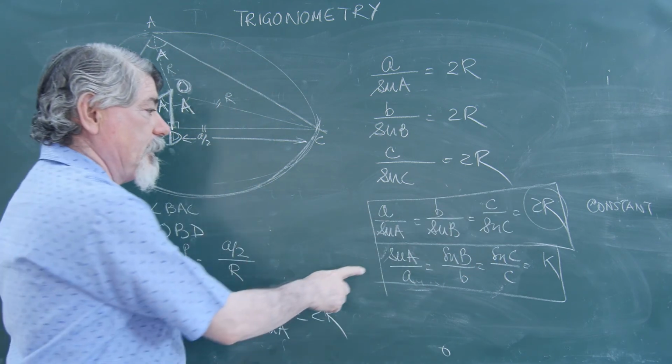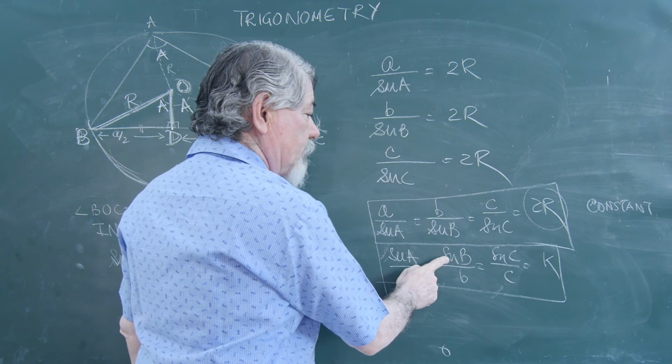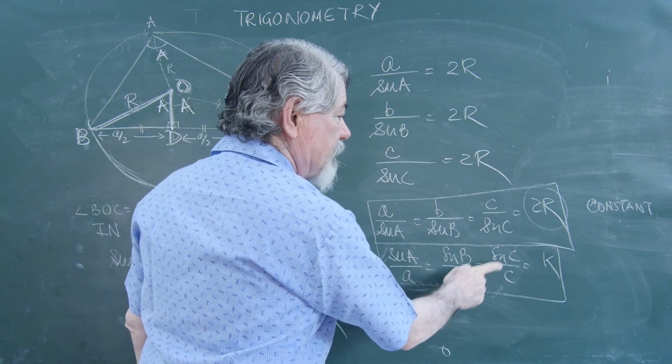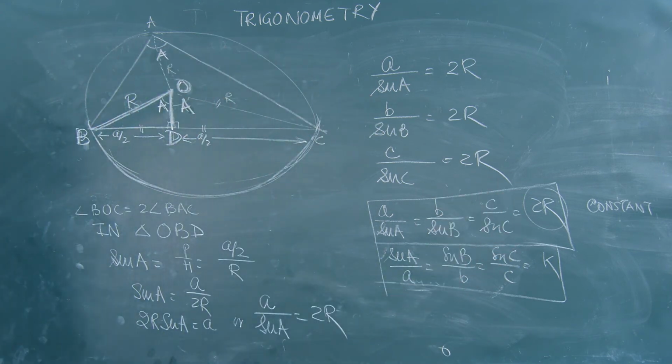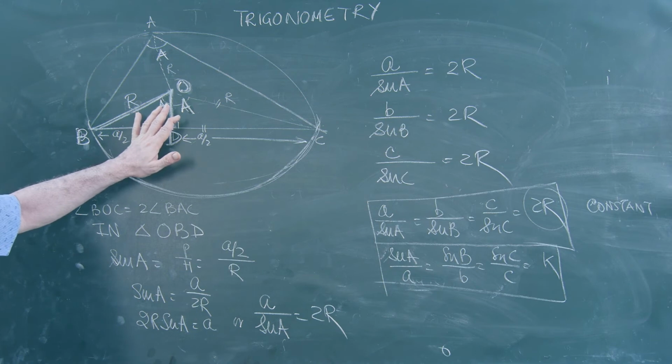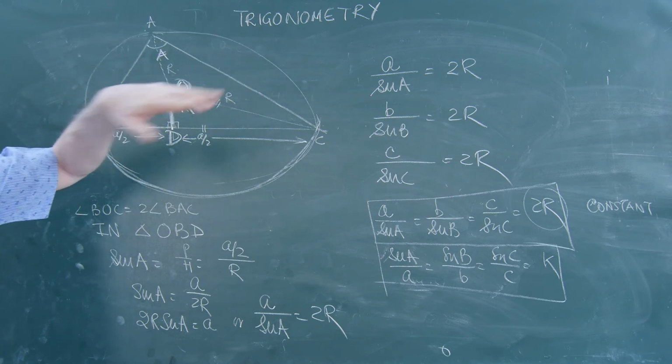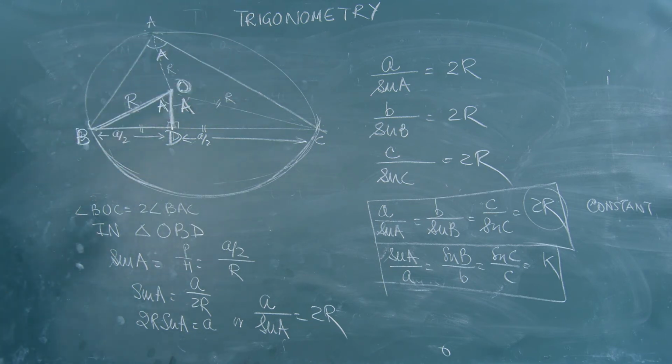If I reverse this, sine A upon A is equal to sine B upon B is equal to sine C upon C is equal to K. It is called the sine rule, and it is a very important law for the solution of triangles. We will be applying it to questions when I pick them up.